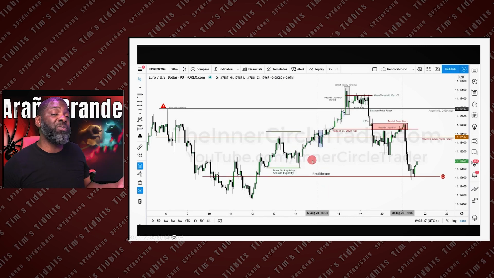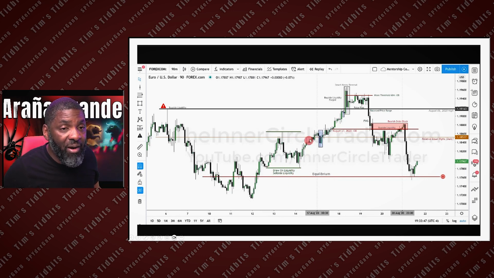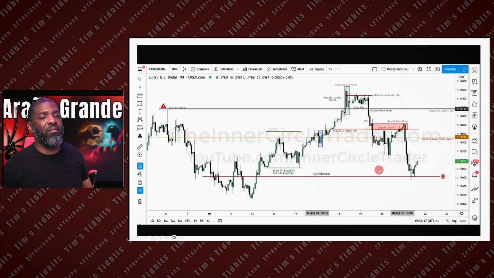This is an example of some notes that Michael took on his market maker sell model here. Your initial consolidation, as you see there, he has it says the draw on liquidity, sell side right there. That's your initial consolidation. Price went up to this high over here, this buy side liquidity, that was his anticipatory reactionary point. And then the market reversed, and then we came back down, got our redistribution over here in the area of redistribution, and then we came back down below the sell stops, completing the market maker sell model.